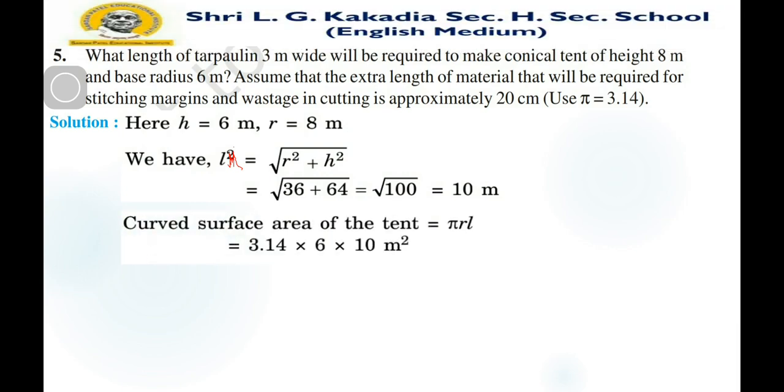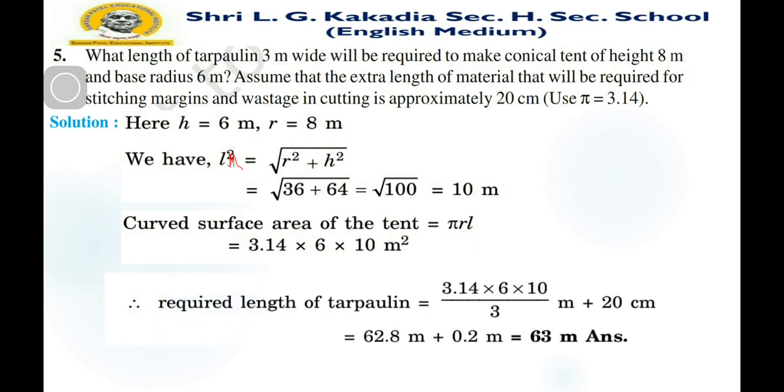So we find the curved surface area of this cone. Curved surface area of this tent is equal to pi r l, which is equal to 3.14 as given here, into 6 into 10 meter square. The tarpaulin used to make this tent is like a rectangle. Here the width of this tarpaulin is given, so we have to find the length, and the curved surface area of the cone is equal to the area of the rectangular tarpaulin.